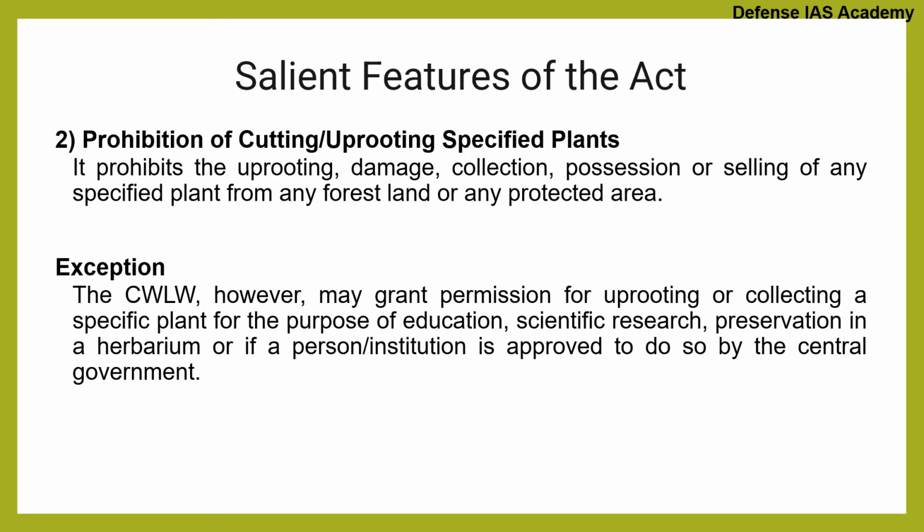So these are the exceptions for cutting or uprooting a specified plant from the forest. Either it's for an educational purpose, or a scientific purpose, or it's for a person or institution who got approval from the central government. So that's the second salient feature of the Wildlife Protection Act.